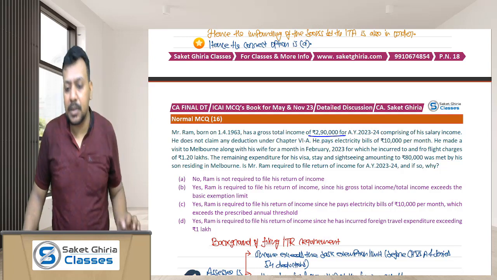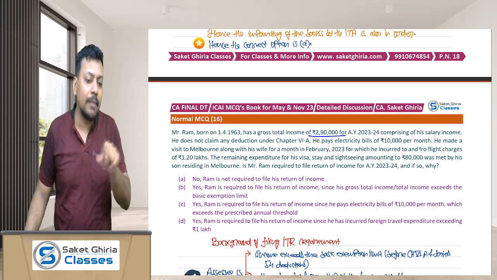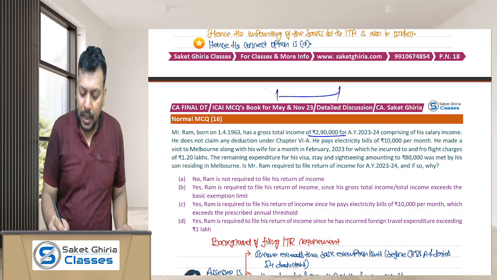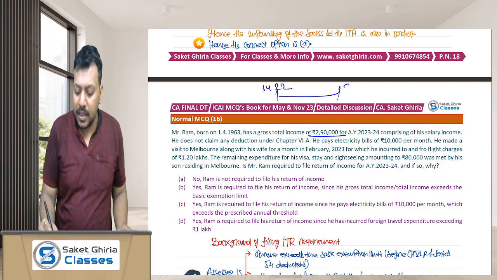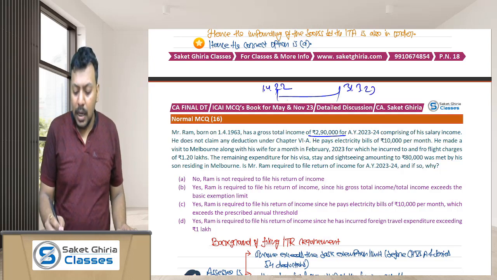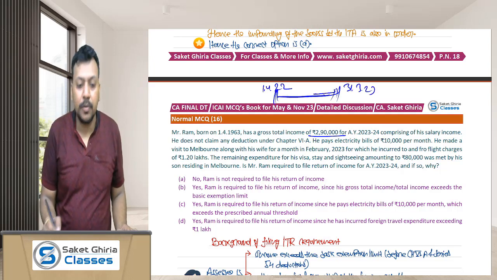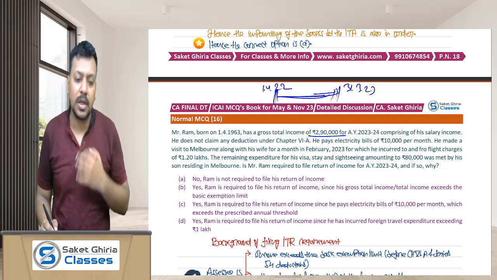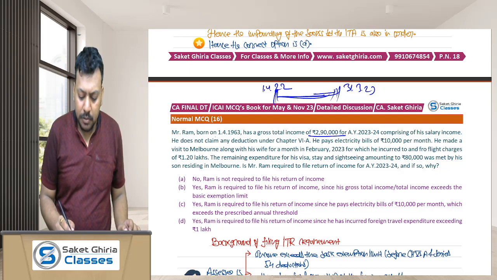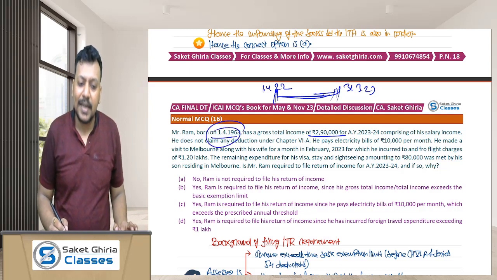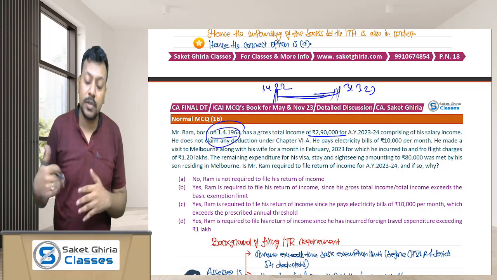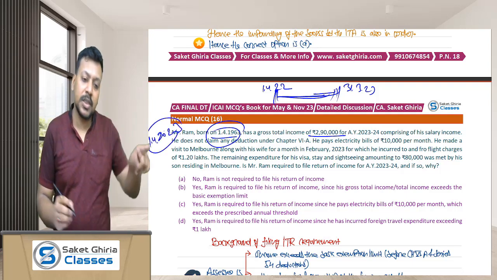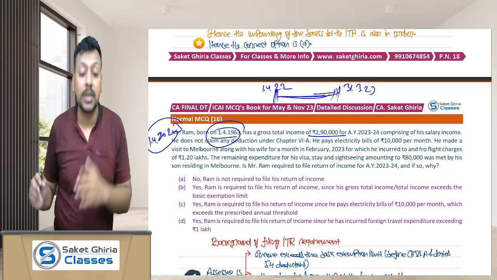But if you are a person of 60 years or more at any time during the previous year, which for previous year 2022-23 is between 1/4/2022 and 31/3/2023, then the basic exemption limit applicable in your case is rupees 3 lakh. Sir, if the date of birth of Mr. Ram is 1/4/1963, then technically he would be 60 years old on 1/4/2023, which means previous year 22-23 has crossed and previous year 23-24 has come.